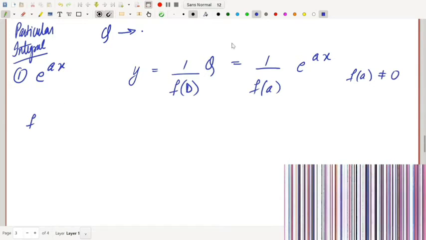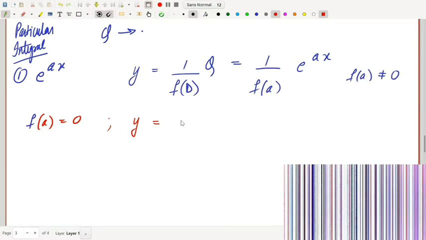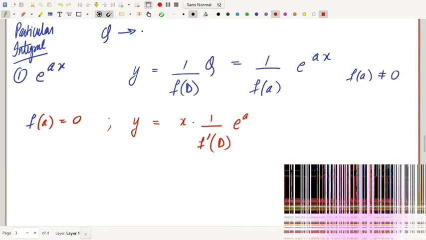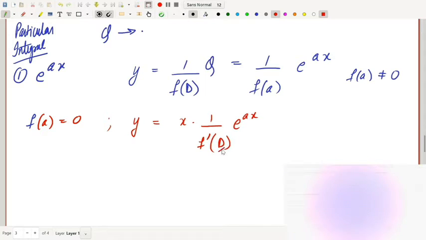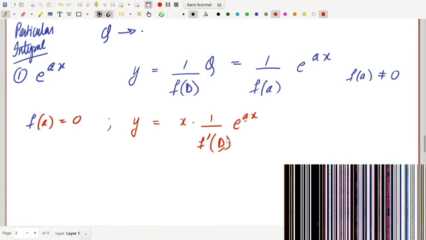In case f(a) is equal to 0, then we arrive at our case of failure. Then in that case, what do we do? y is equal to x into 1/f'(D) e^ax, and substitute here D as a. अगर फिर से case of failure होगा, then again we will differentiate.